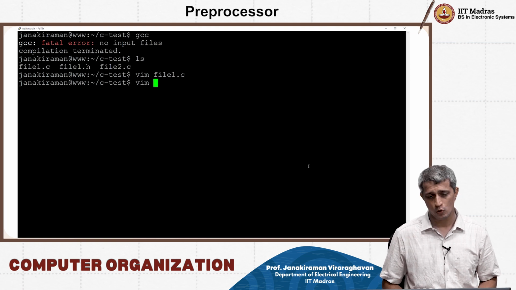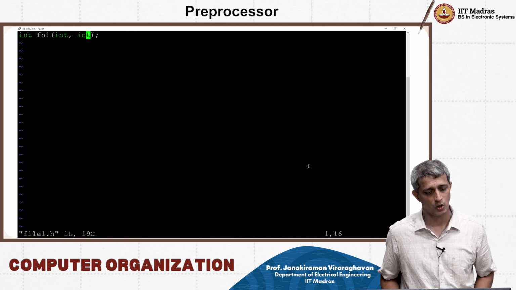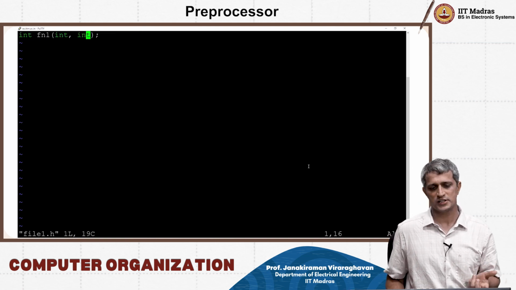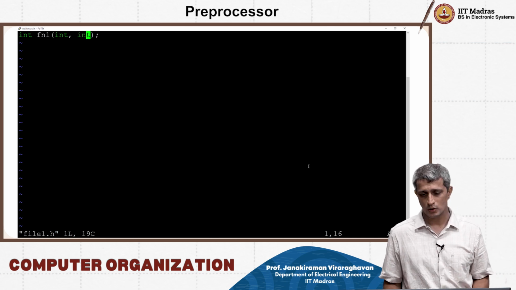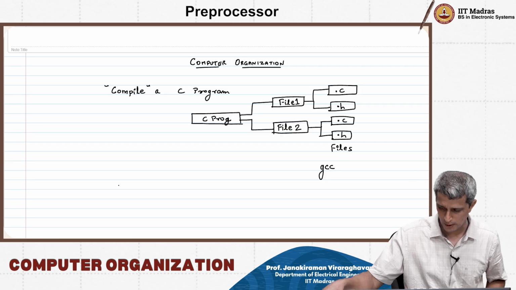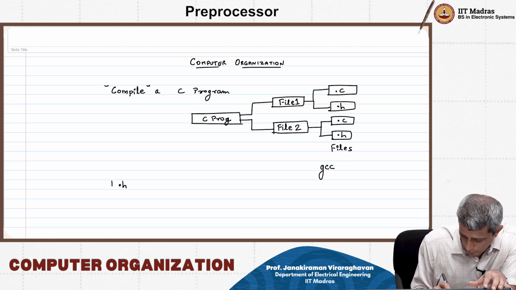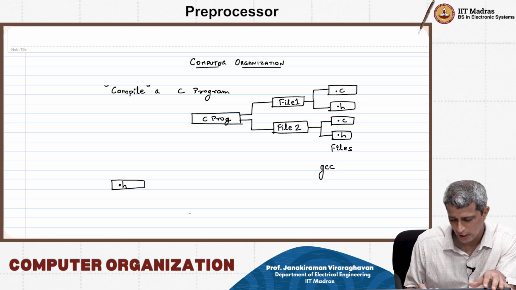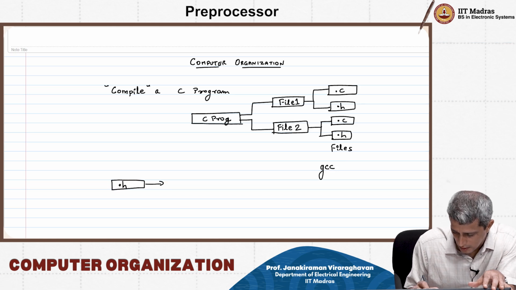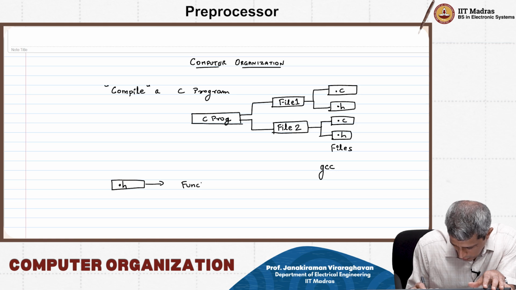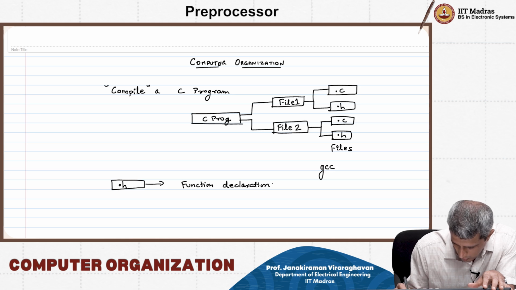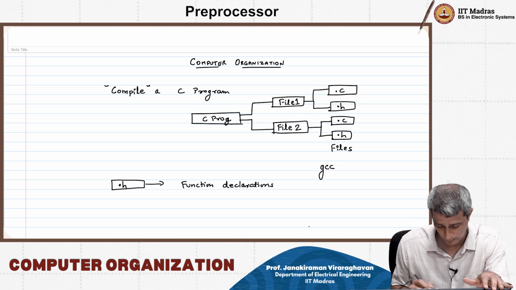And if you go and look at file1.h, it has just a function declaration. So that's the first thing that we note. What is in a .h file typically? A file1.h or whatever has function declarations.